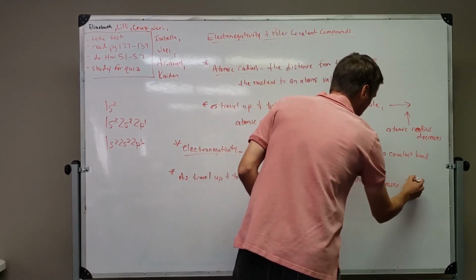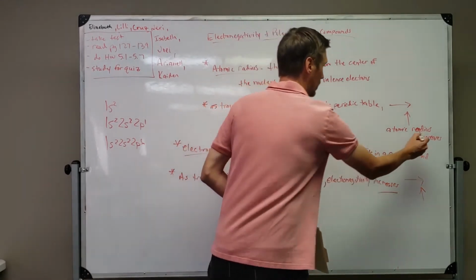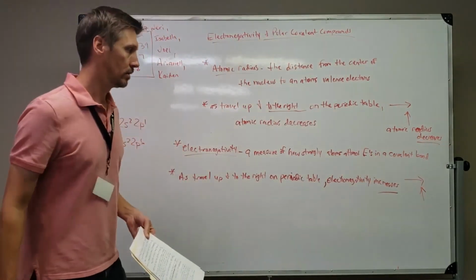All right, so same as we were looking at before, but electronegativity increases while atomic radius decreases.